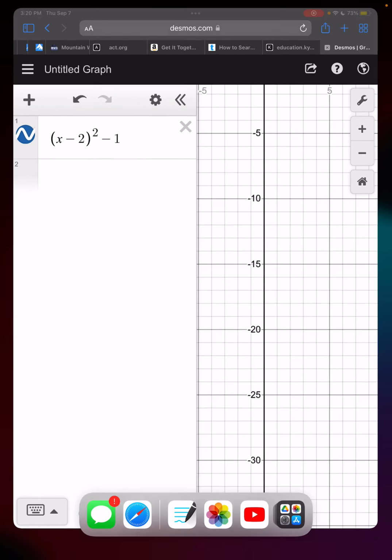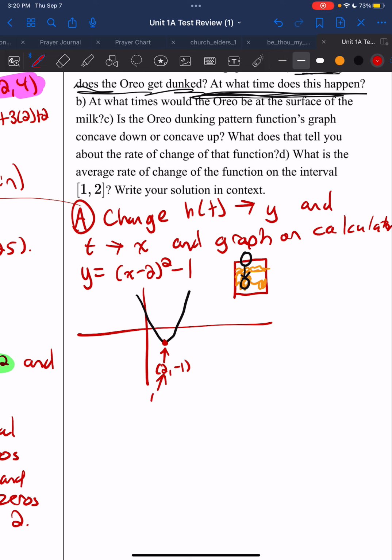And here, we know our x value represents the time, and that this represents the height, because that's how our function is set up. So h of t is my height, and then t, my independent variable, is my time.